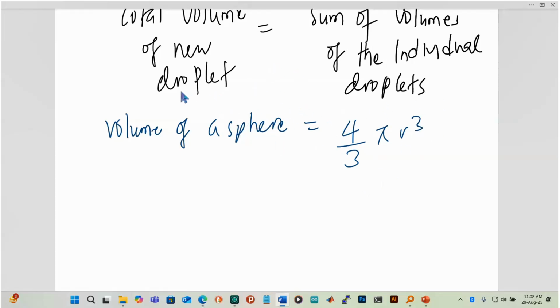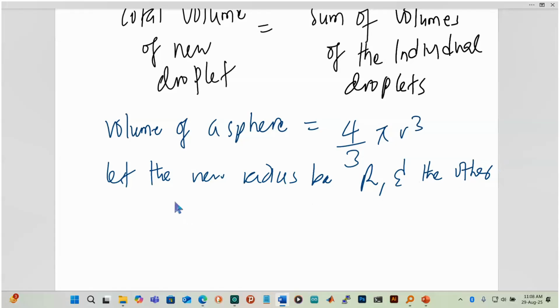If we assume that the new radius is r, and the others are r1 and r2, then let the new radius be r, and the others are r1 and r2.